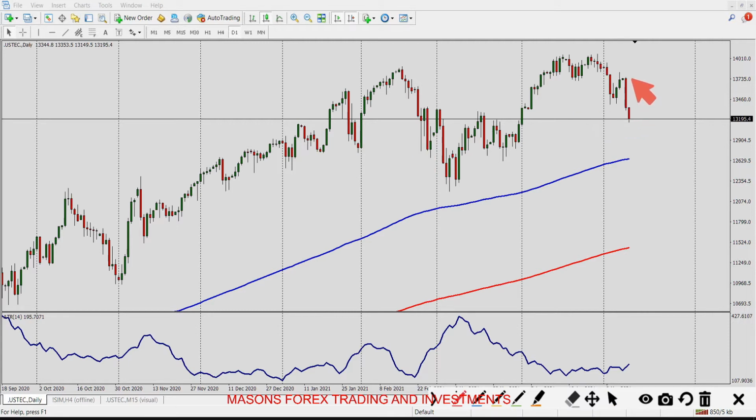Okay, currently we can see we have this red candle represents bearish or downward pressure. Then we can see this other candle here indicating more bearish pressure, and then currently we have another bearish candle.